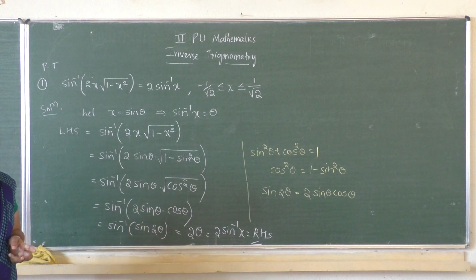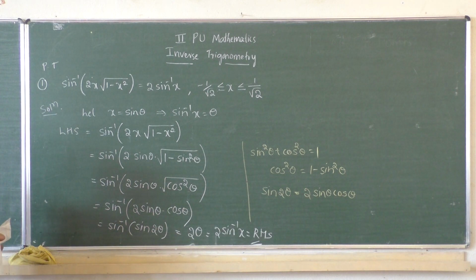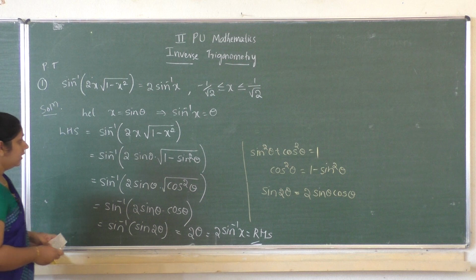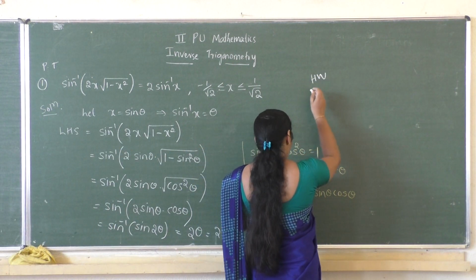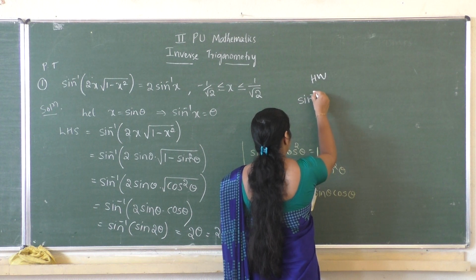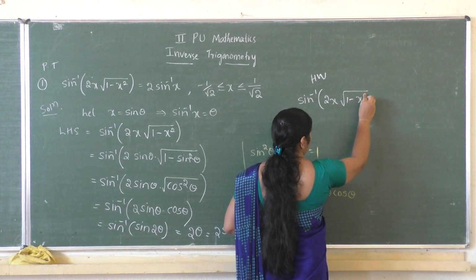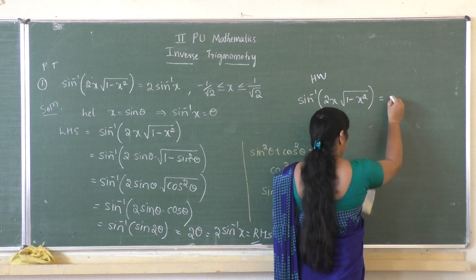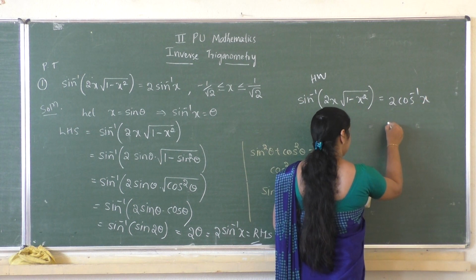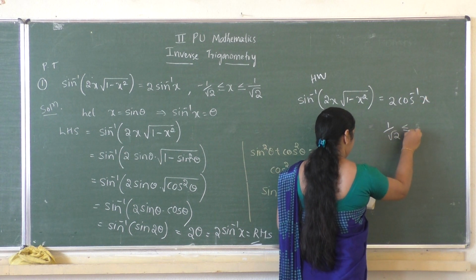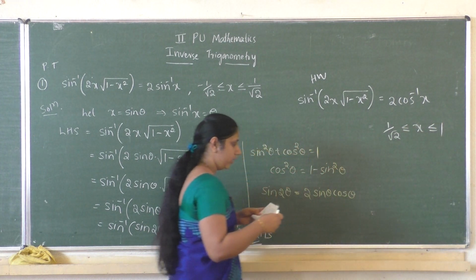So if we have the term root of 1 minus x square, we have to put either sin theta or cos theta. Similar one problem, homework. Prove that sin inverse of 2x into root of 1 minus x square is equal to 2 cos inverse x, where 1 by root 2 is less than or equal to x less than or equal to 1.